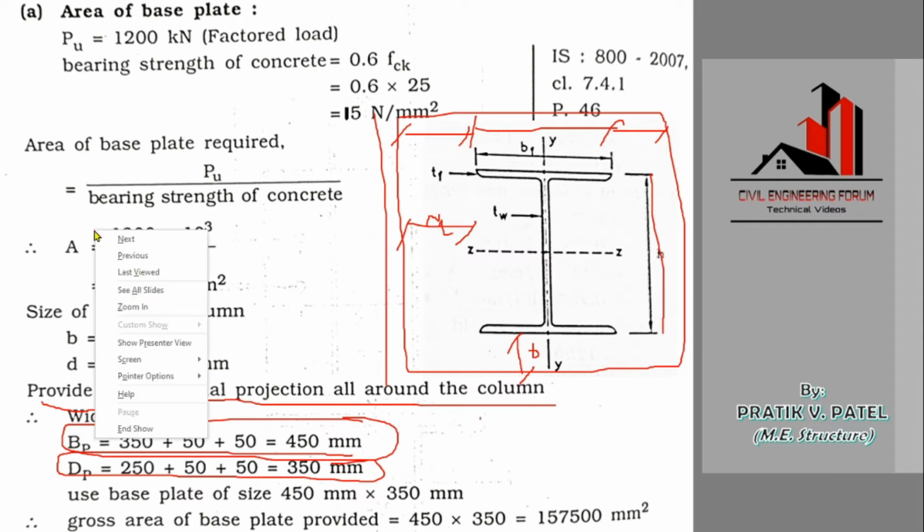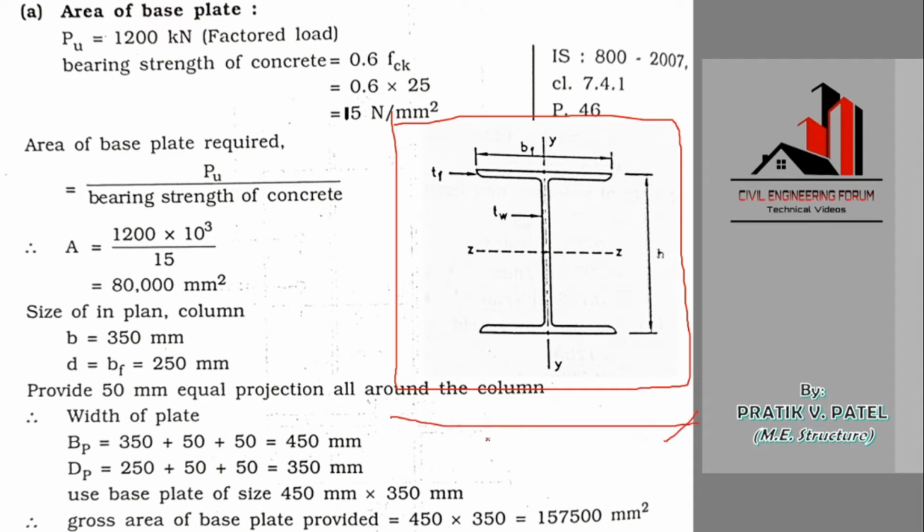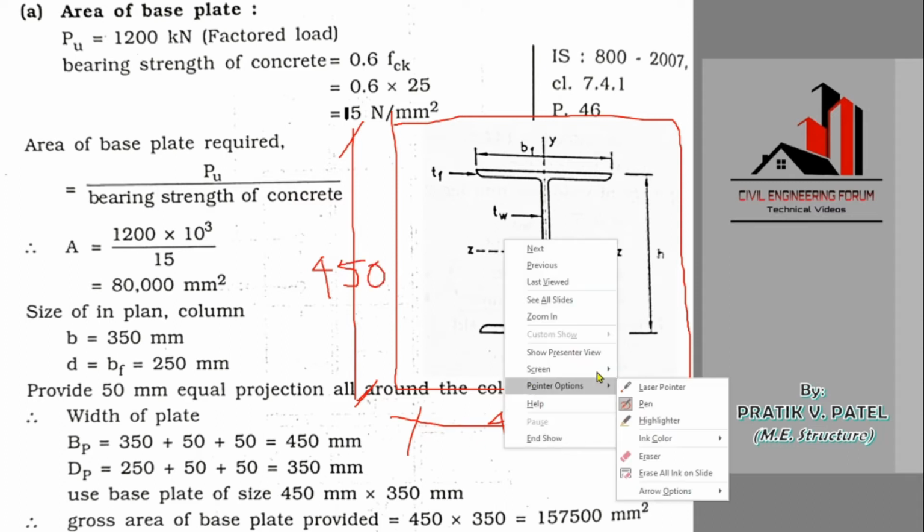Let me remove everything and show it again. The dimensions of the base plate are mentioned here. One dimension becomes 450, and this one becomes, sorry, I made a mistake. Actually this is 450 because it is the longer web side, and this is actually 350.